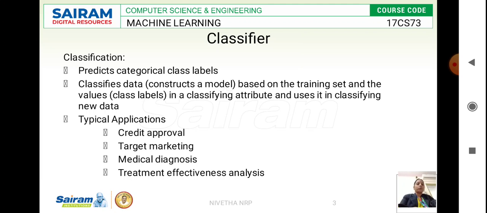We classify the data, and that classification is based on the training set and the values in the classifying attributes. When you give an input, the input has certain features, and by analyzing these features against the training set, the data is classified.